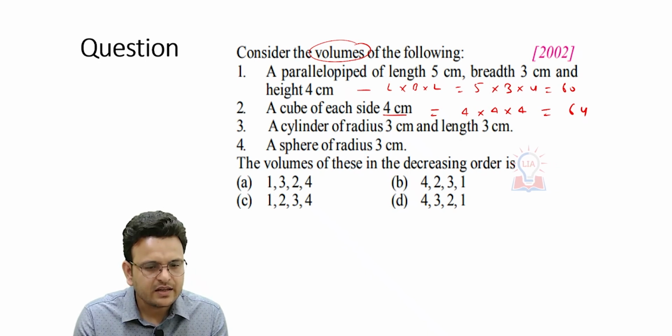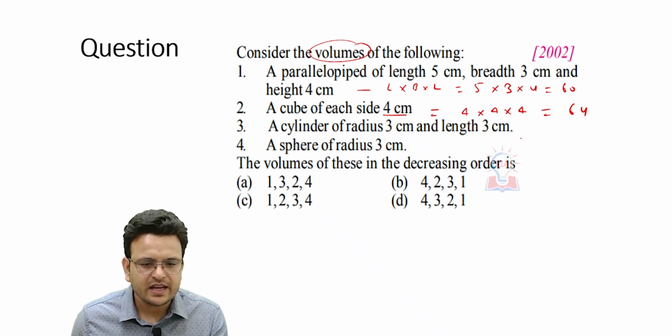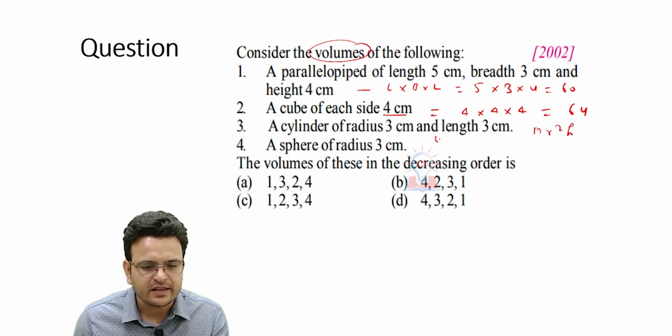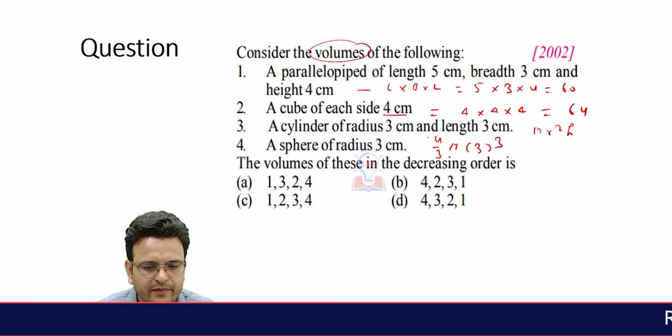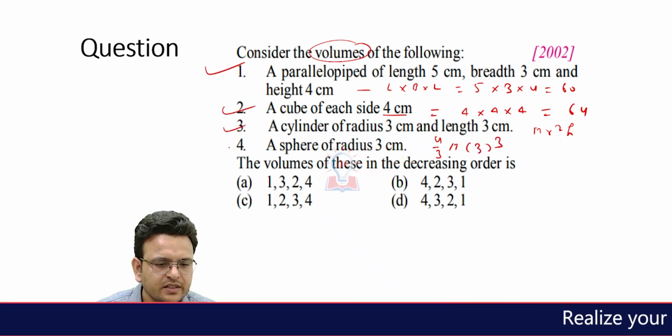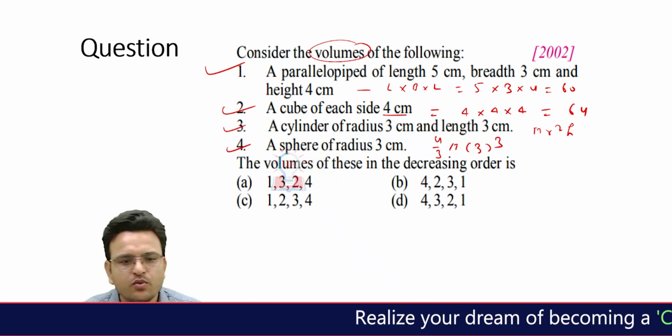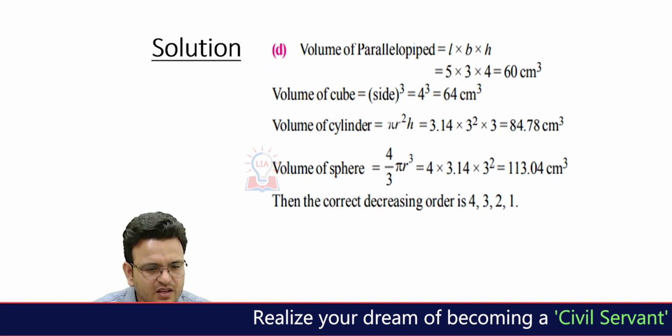A cylinder of radius 3 and length 3, so pi r square h, and a sphere of radius 3, so 4 upon 3 pi r cube. If you solve all these equations, you will get answers also. Only thing is you have to know the formula in this particular question.